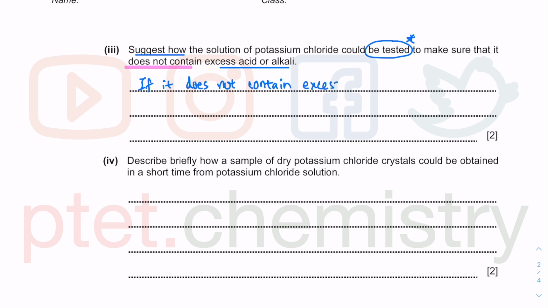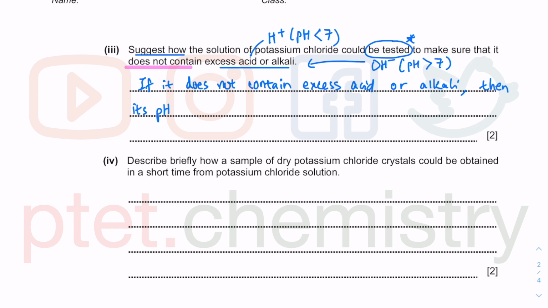Excess acid of course gives you your H plus, your pH is lesser than 7. On the other hand, your alkali, your OH minus, which is your hydroxide, your pH is above 7. If this solution does not contain excess acid or alkali, then its pH is pH 7.